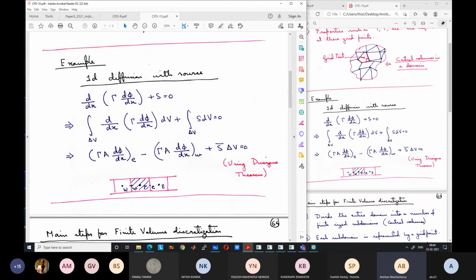So ultimately what we will have are grid point values. We can represent this as phi e minus phi p divided by delta x, and this also has phi p minus phi w divided by delta x. So ultimately our derivatives will be removed and only grid point values will be there. So we will get an algebraic equation with three unknowns, phi p, phi east and phi west.